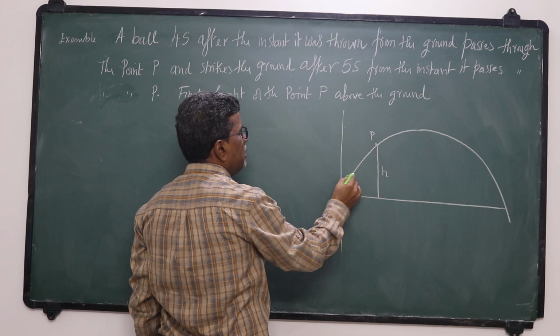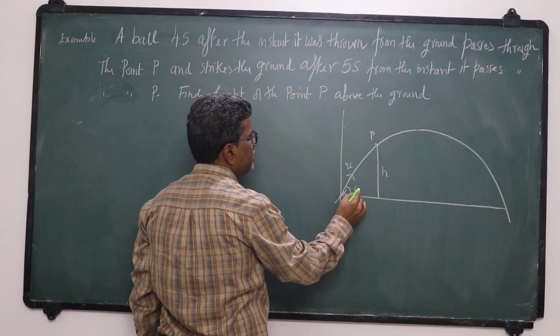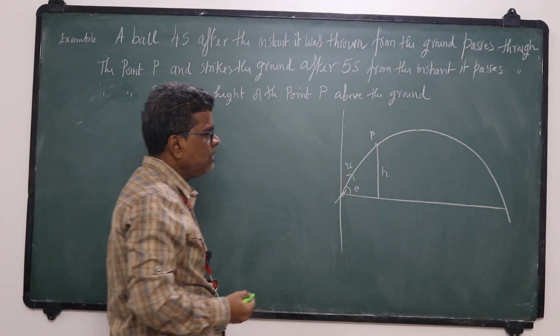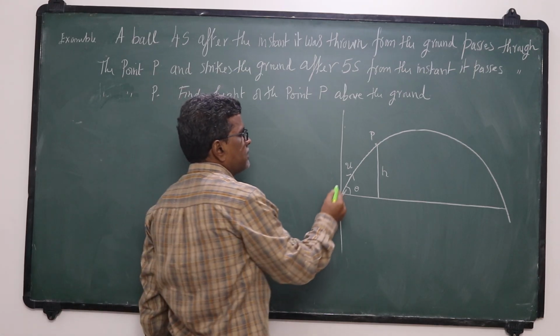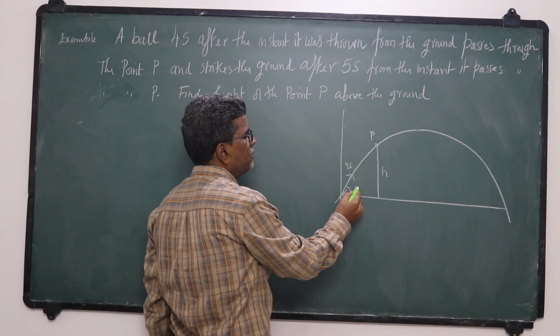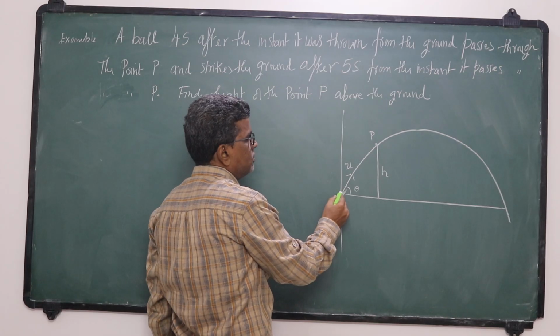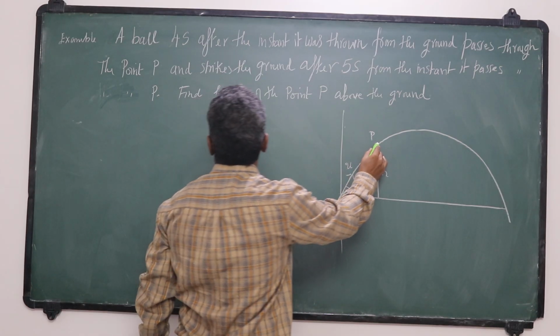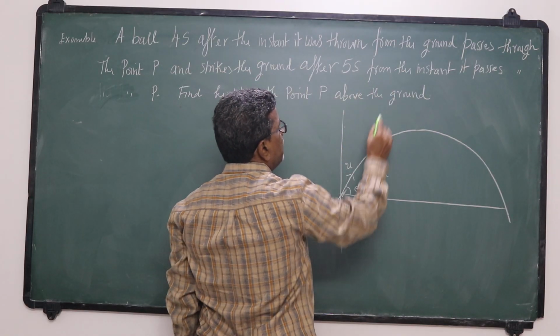A body is projected with initial velocity u, making an angle theta with the horizontal. It crosses this point 4 seconds after the instant it is thrown.